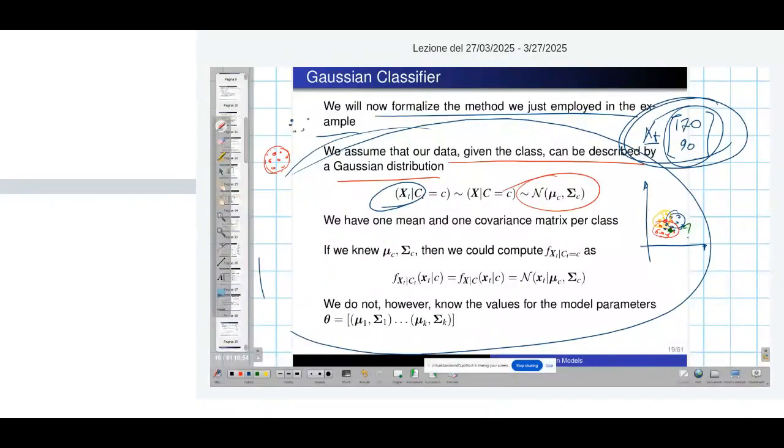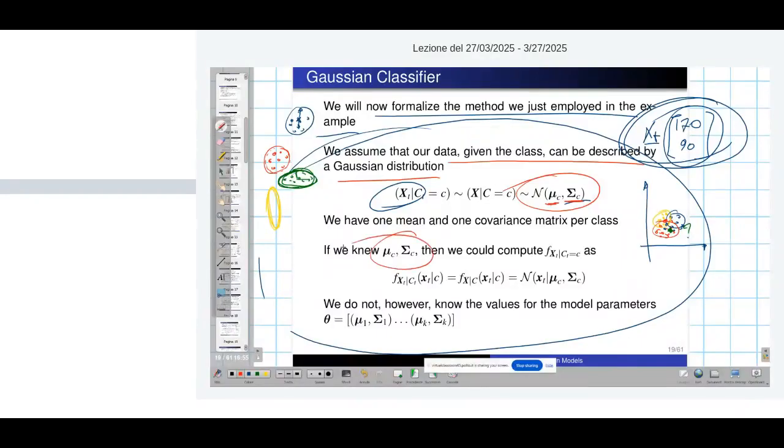So I will use a Gaussian density with a mean and a covariance matrix this time to model the samples of each class. Notice that I have a covariance matrix which may not necessarily be identity, so it may have different axes. So it may model things like this class or a class like this, and so on. We assume that each class for the moment is described by its own mean and its own covariance matrix. So the covariance matrix is different for the samples of each class.